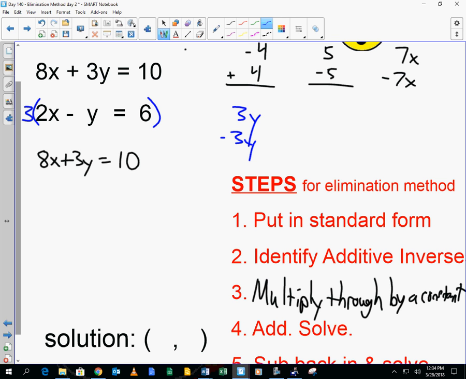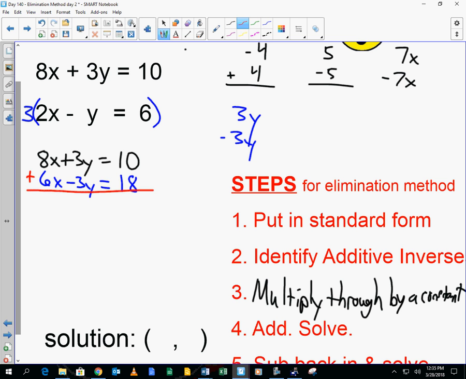And watch what happens. What is 3 times 2x? 6x. What's 3 times negative y? Negative 3y. And what is 3 times 6? 18. Do I now have additive inverses? Yeah, so now I can add them together and get something to cancel.